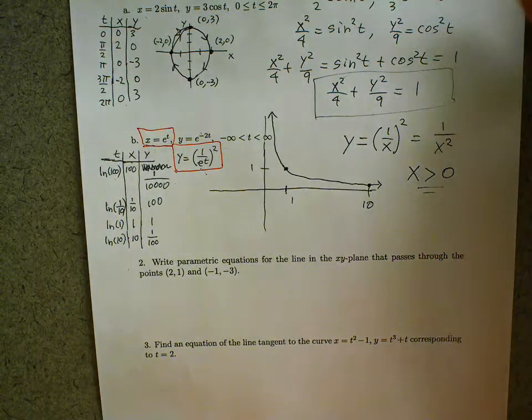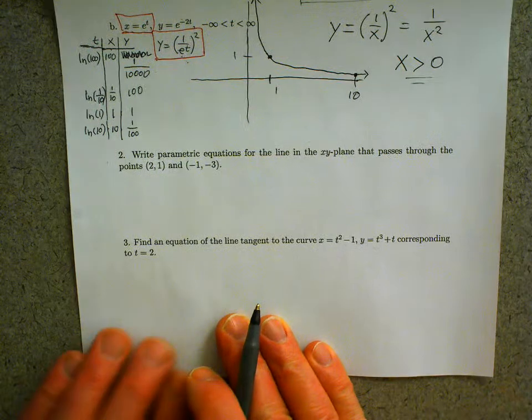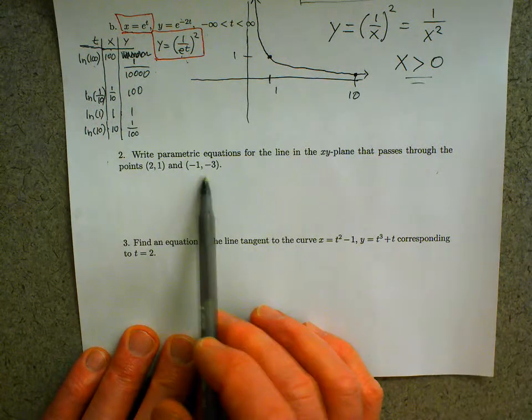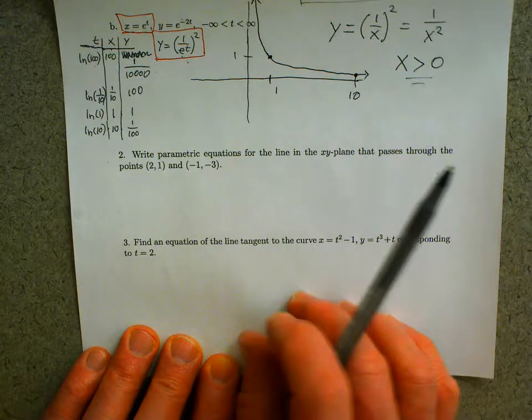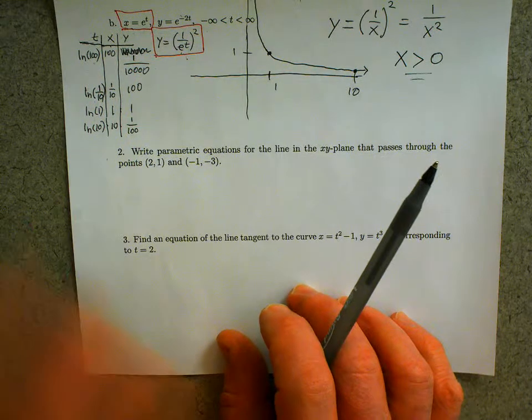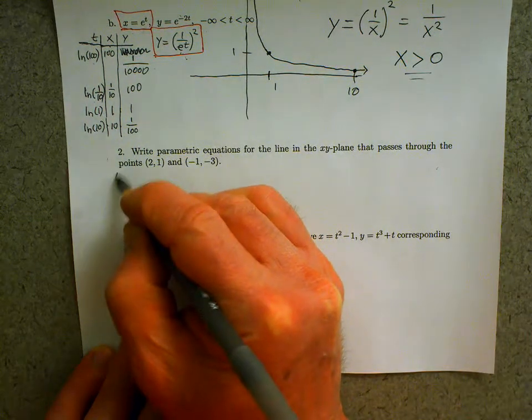All right, moving on to the next one. Write parametric equations for the line in the xy plane that passes through the points (2, 1) and (-1, -3). I'll remind you of a formula that you can use in general.